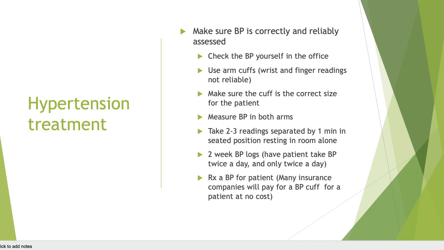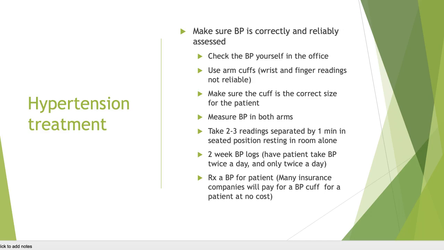You want to use arm cuffs. A lot of patients think that the wrist and finger readings are not as reliable. So I always ask patients when they're measuring their blood pressures at home exactly what tools they're using. You definitely want to make sure that the cuff is the correct size for the patient, and make sure that you're taking the blood pressure on the upper arms.